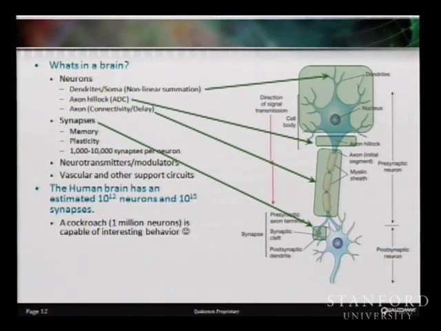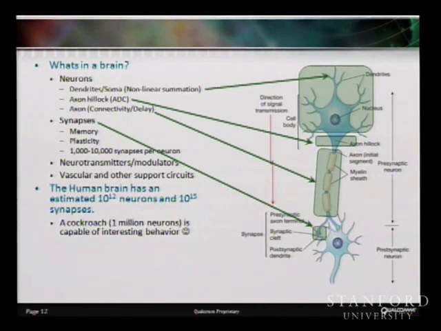That's summed up at the axon hillock. The reason that is very important is, think of it as an analog to digital converter. The analog summation occurs in the dendrites, and there's almost like a threshold voltage.